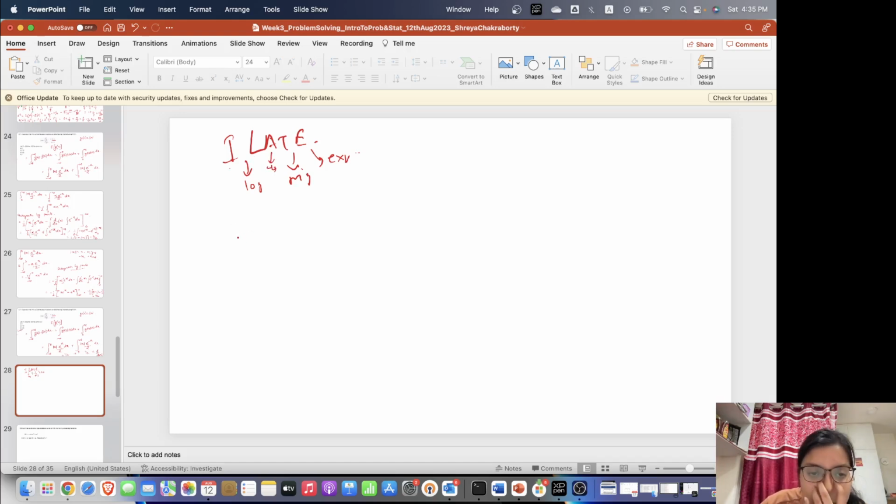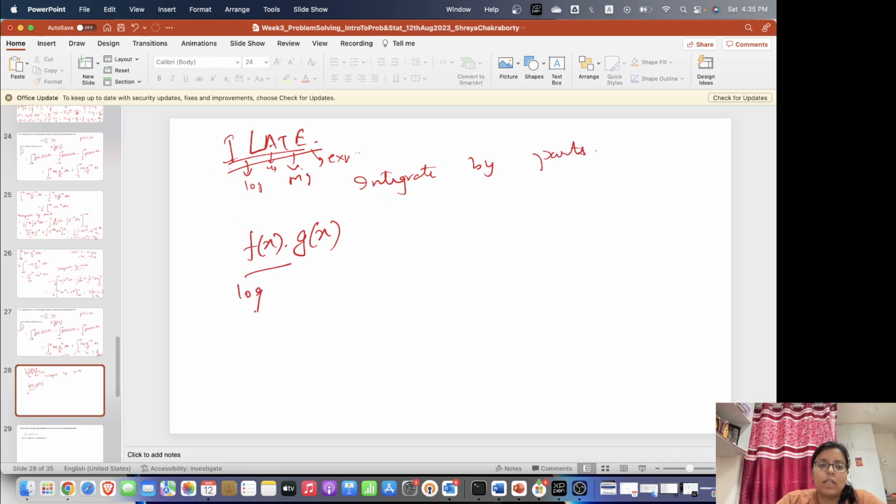If you have some, let's say, function f(x) and some g(x), you have to follow this order in order to integrate by parts. Let's say this is a logarithmic function and this is an exponential function. Let this be some algebraic function x, and let this be some function involving the exponential terms.